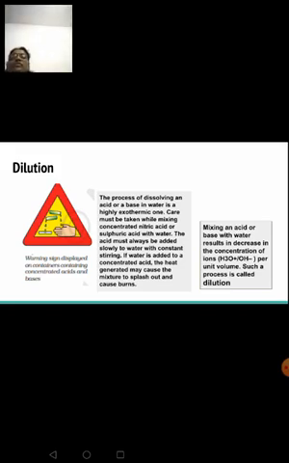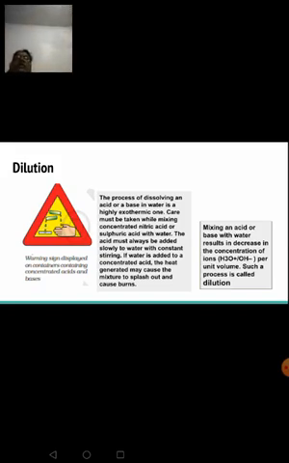The process of dissolving an acid or a base in water is highly exothermic. They involve heat. So you should be highly cautious when you are diluting acids like nitric acid or sulfuric acid. You should add acid little by little to water, constantly stirring.